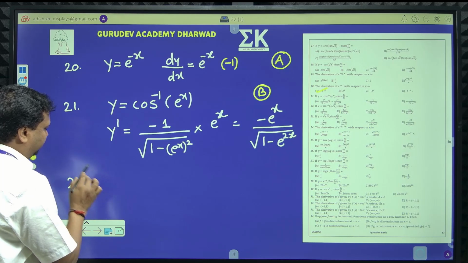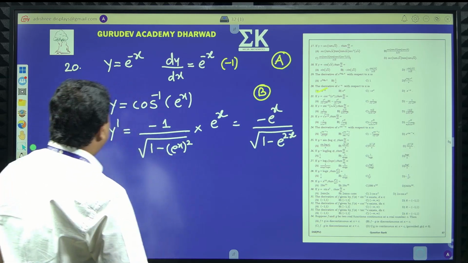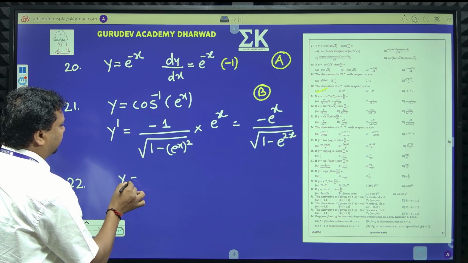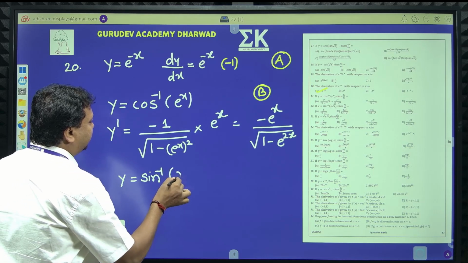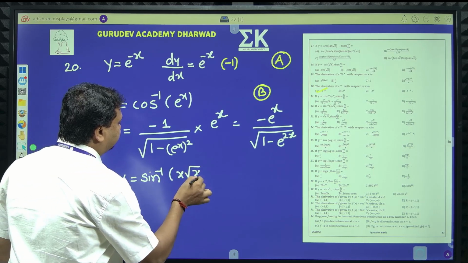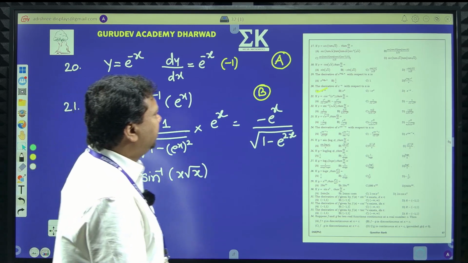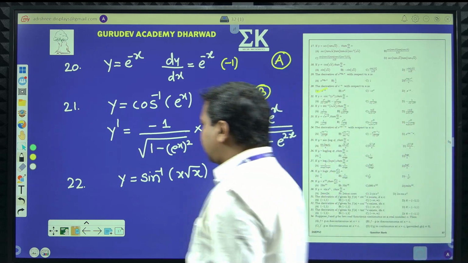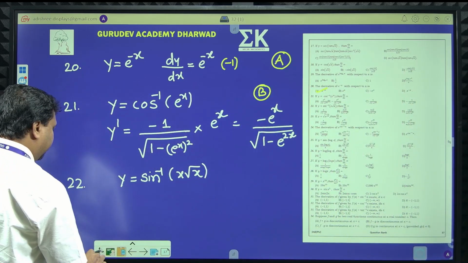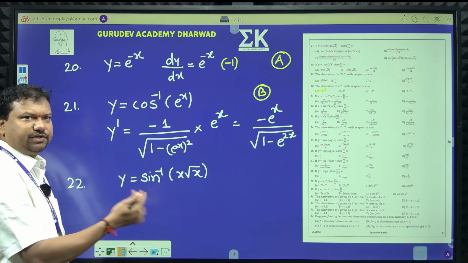Now, question number 22. If y is equal to sin inverse of x root x, then find dy by dx. To find this, again I am taking the help of sin inverse of g of x.